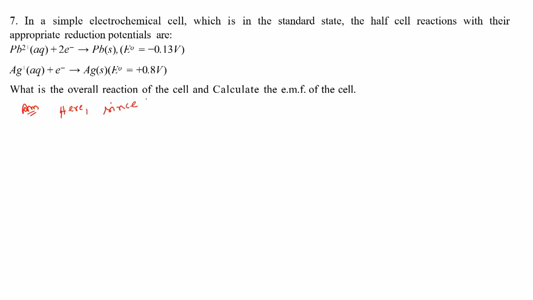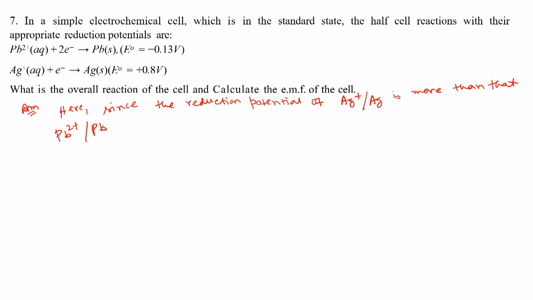Since the reduction potential of Ag plus to Ag is more than that of Pb2 plus to Pb, therefore reduction will occur at the silver electrode.